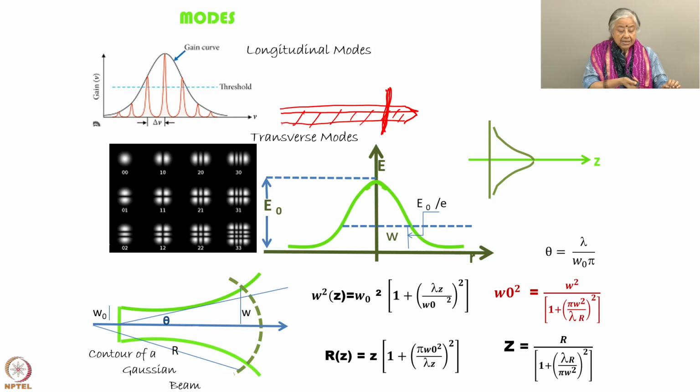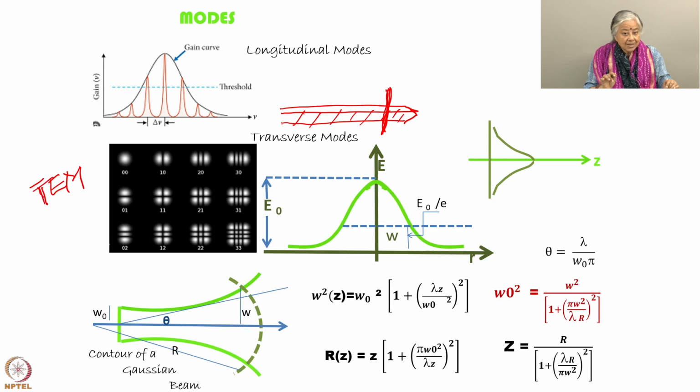So, these spots are actually the intensity distribution. So, you could get a spot which looks like this, you could get a spot which looks like this, this or this, and these are called transverse TEM modes, and they are not frequencies.